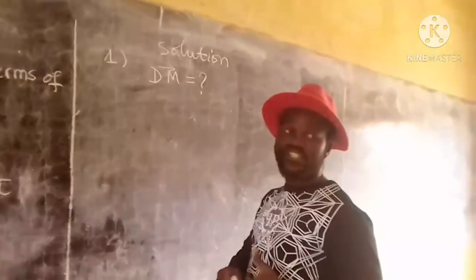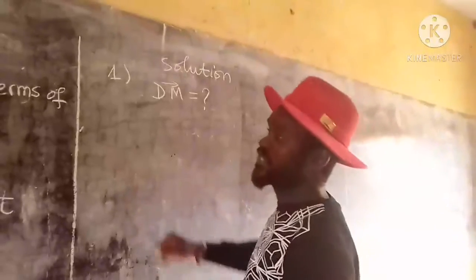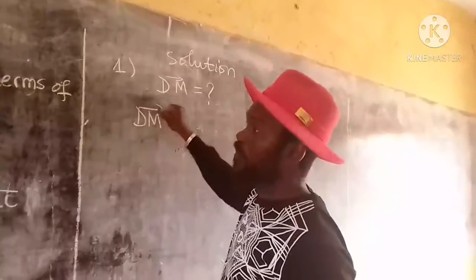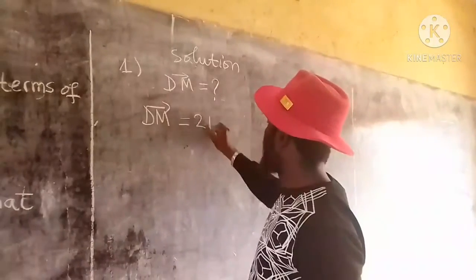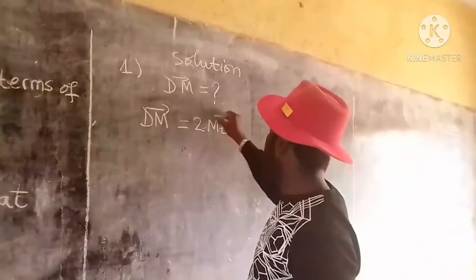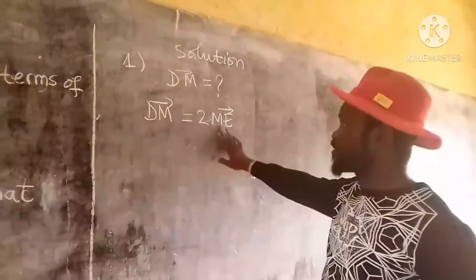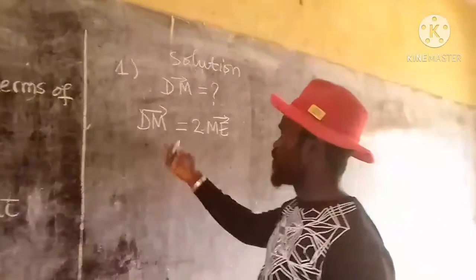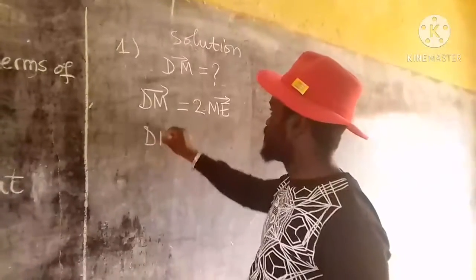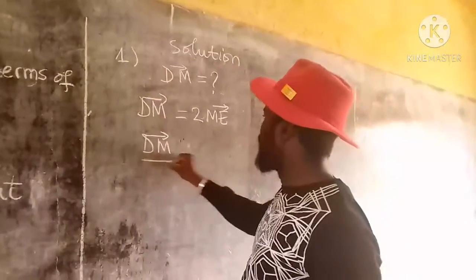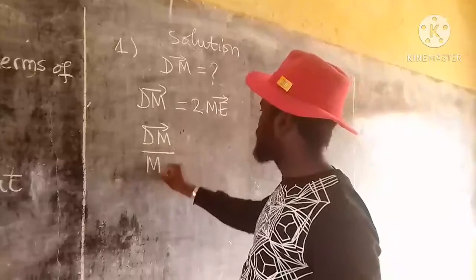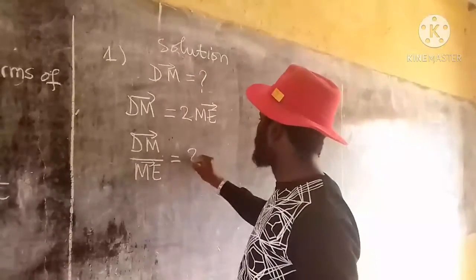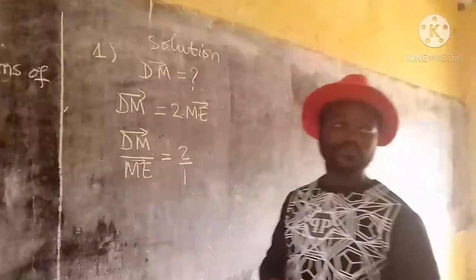Now, there is a relationship in the question that says we have DM equal to 2ME. We can write a ratio from this. If we write it in terms of ratio, you will see that DM over ME equals 2 over 1.